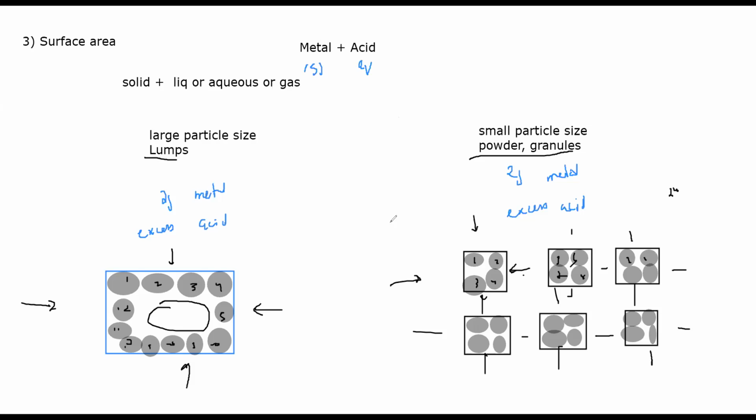So which of them has a large surface area? Lumps or powder or granules?